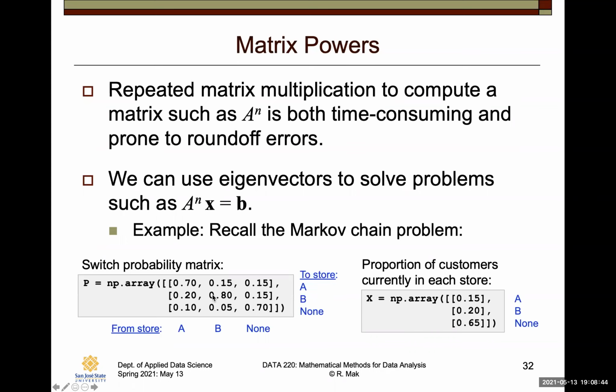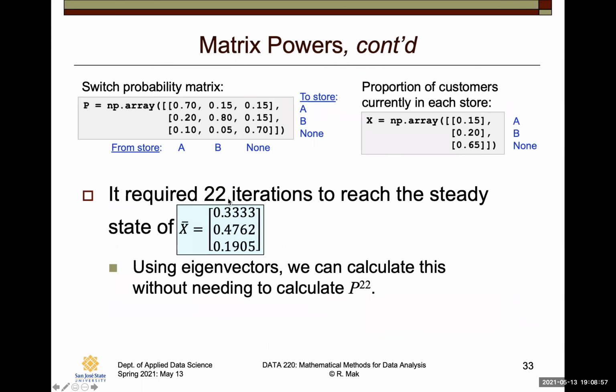And so remember this first Markov chain problem that we saw last week, where it was the probability of switching from one store to the next. We ended up doing 22 iterations before we reached the steady state.